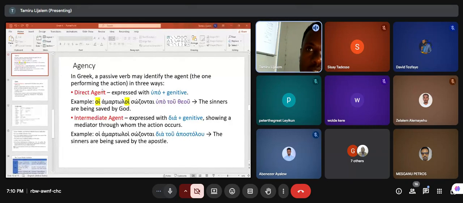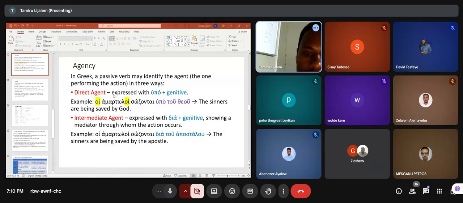The other one is we discussed deponent verbs. Deponent verbs are passive or middle in form, but active in meaning. Arkomai, boulomai, aspazomai, euangelizomai, boulomai, and so on.